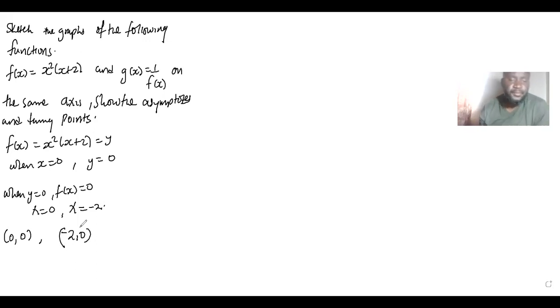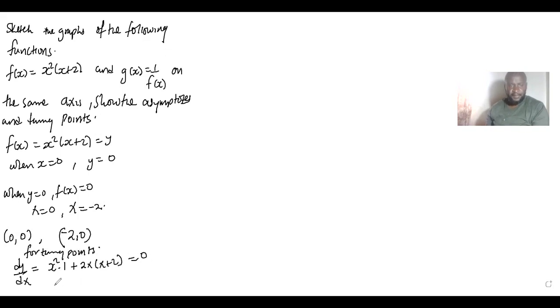Furthermore, you can get the turning point. This time around, you have to use dy dx, using the product rule. You get x squared times 1 plus 2x into x plus 2, but it has to be equal to 0. This is for turning points. So x squared plus 2x squared plus 4x is 0.